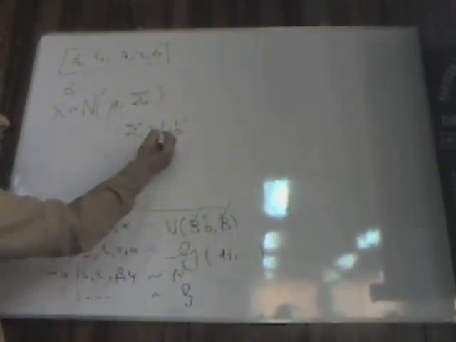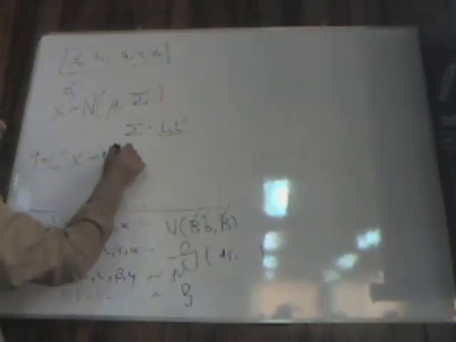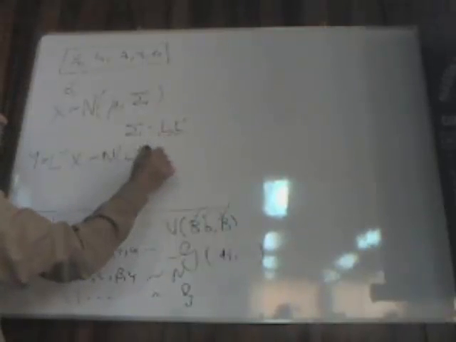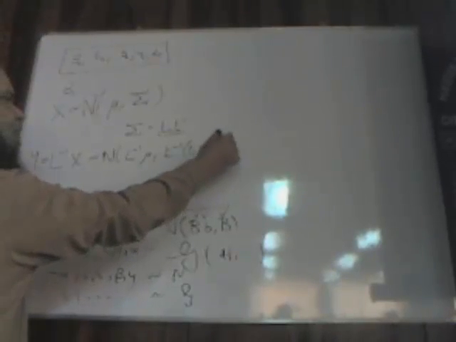Now if I take L inverse x, let me call this y, then this is normal with mean L inverse mu and covariance L inverse sigma L inverse transpose, by the linear transformation of normals.